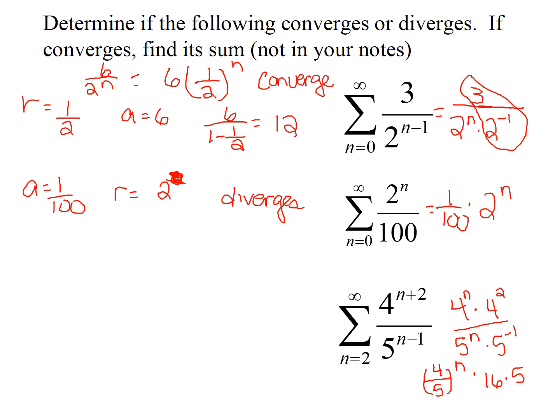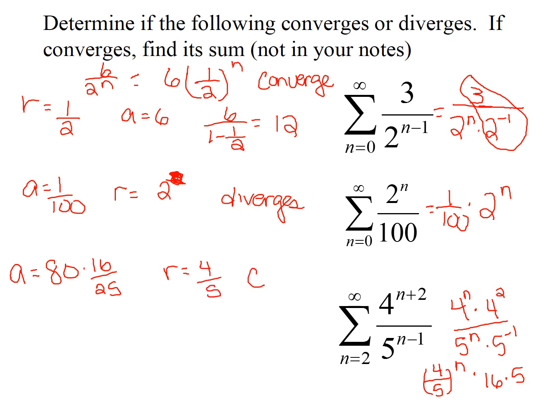So in this case, when n is equal to 2, my initial condition is going to be 80 times 16 over 25. And r is equal to 4 over 5.